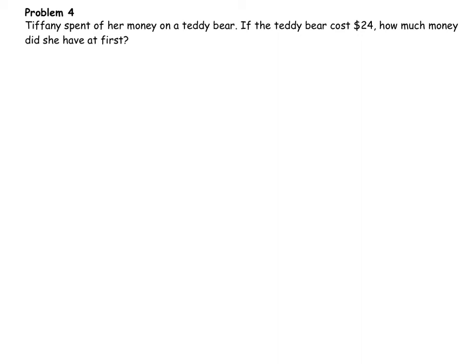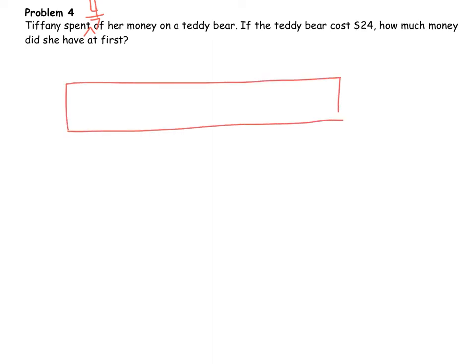Problem 4. Tiffany spent 4/7, so we've got to add the fraction because I forgot it. 4/7 of her money on a teddy bear. If the teddy bear costs $24, how much money did she have at first? So I know that I have 7 groupings based on my fraction. 1, 2, 3, 4, 5, 6.